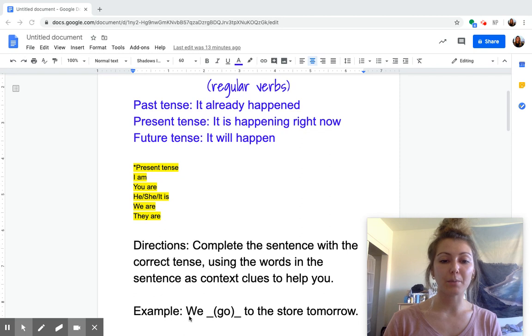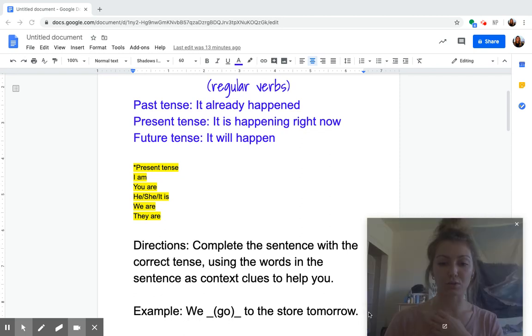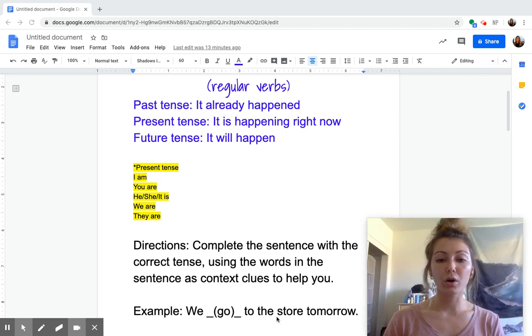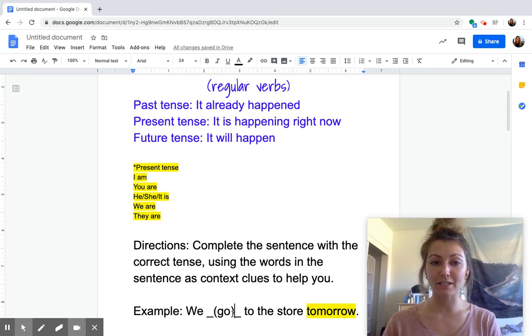Okay, so first example, we go to the store tomorrow. So this word tomorrow is my context clue. It's helping me to know that this verb go needs to be written in future tense. It's going to happen tomorrow. Future tense, it will happen.